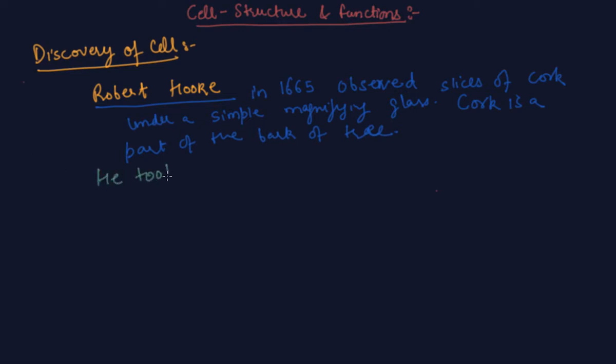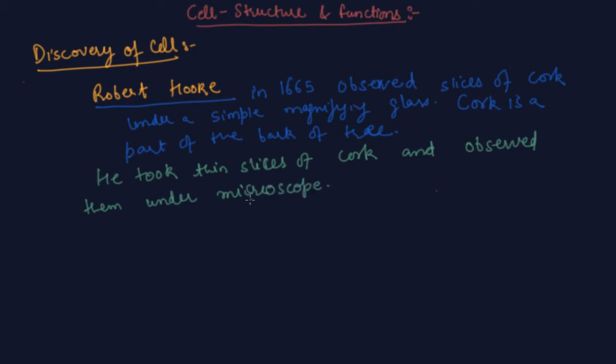He took thin slices of cork and observed them under a microscope. What is a microscope, students? It is an instrument in which you can see an object by magnifying it, which we cannot see with our normal eye.